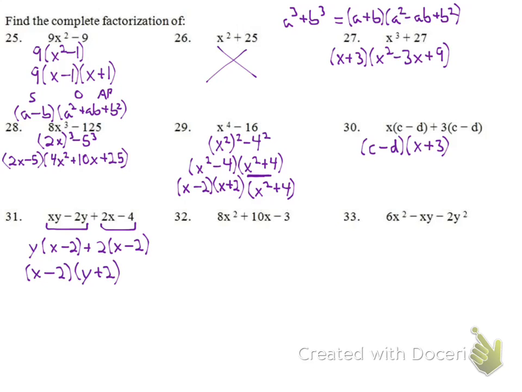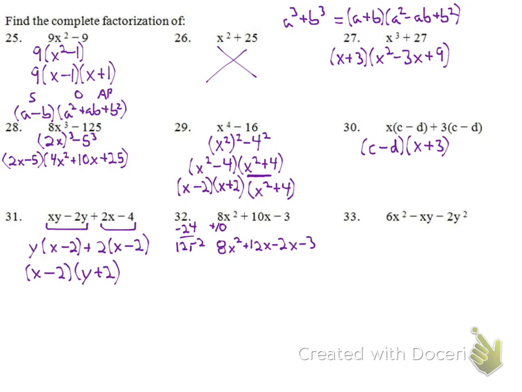32 is our standard trinomial. We talked about these a little bit earlier when we looked at 19 and 20. I'm going to look at negative 24 to multiply, but it needs to add up to 10. So negative 24 multiplying to add to 10. Let's see, let's do positive 12 and negative 2. That adds up to 10. So it's going to be 8x squared, and remember I get the 12 and negative 2 from that 10x, plus 12x minus 2x minus 3.